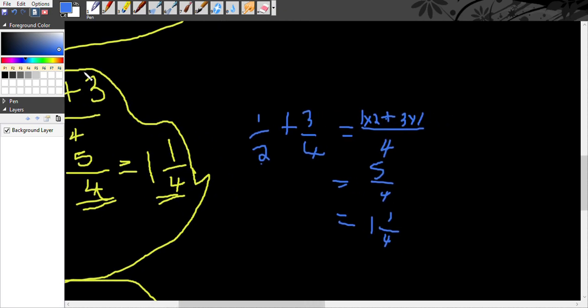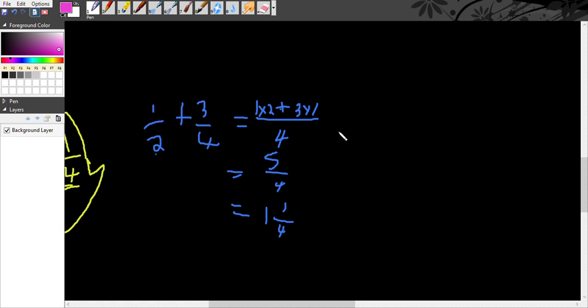So getting our rule here just simply means for fractions whose denominators are not the same, but one of the denominators is the lowest common multiple, this is applicable.